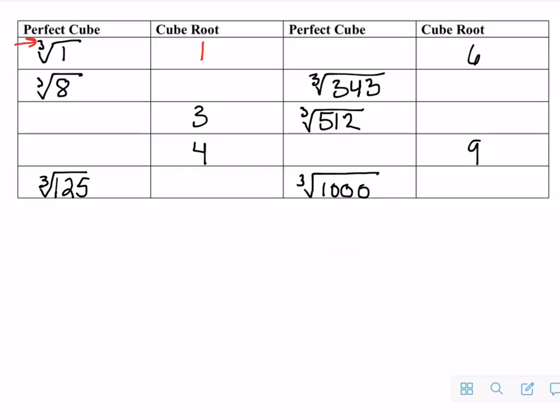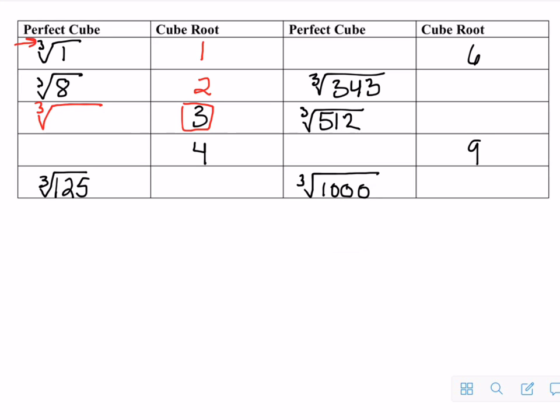So we did the cubed root of 8 in our previous slide. If you remember, that's just 2 times 2 times 2. So that is the cubed root of 2. So if I gave you the 3 here, we want to work backwards. I want to find out what its cubed root would look like for the perfect cube.